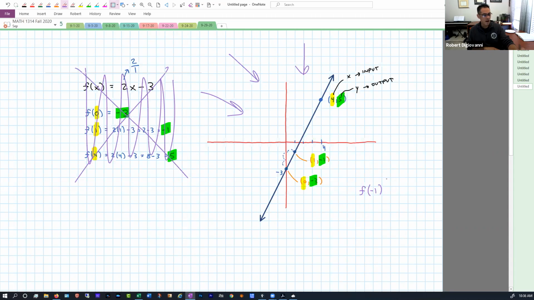So that means I'm giving you the input, and what I want to know is what is the output. I did that backwards. I want to know what's the output. So can someone explain to me how they're going to figure this out if you're not allowed to use the function and you're just allowed to look at the graph?